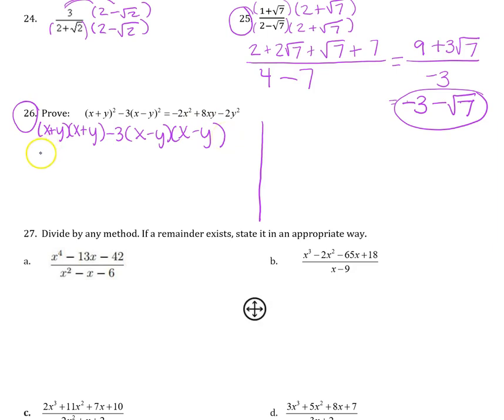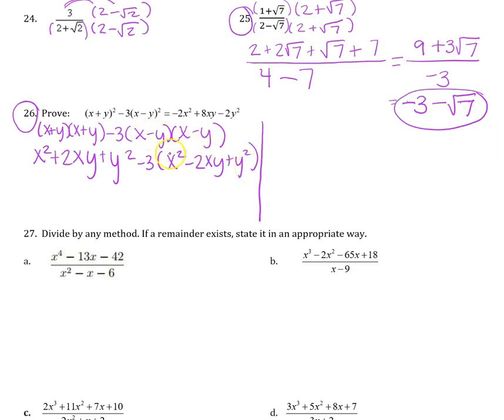Okay, FOIL it. So I've got x squared plus 2xy plus y squared. So first, outers, inners, and lasts. Okay, and then I've got minus 3 times x squared minus 2xy plus y squared. And that's just from FOILing.